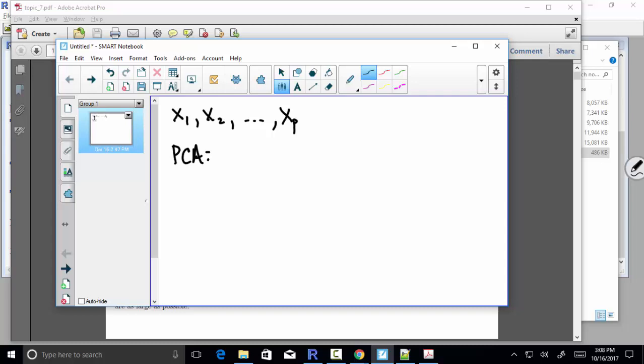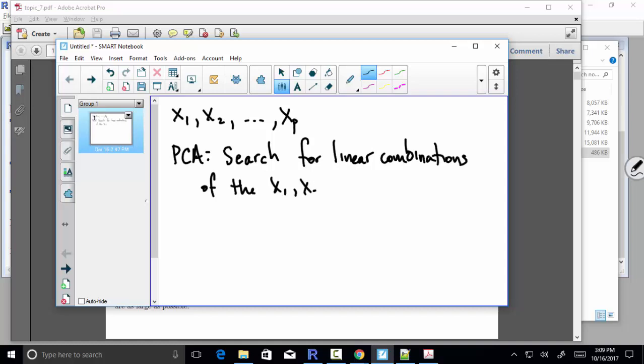So PCA, we are searching for new variables that are linear combinations of our original variables. So a linear combination of our p variables. A linear combination, we could write that like a vector of constants transpose x.